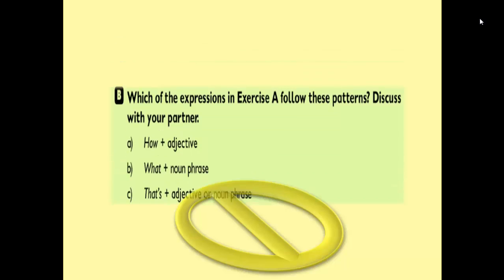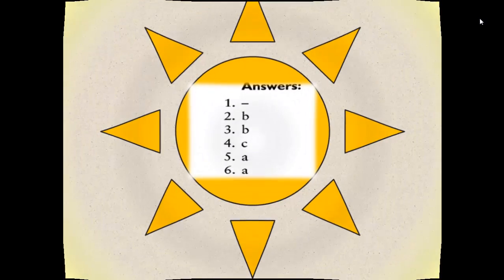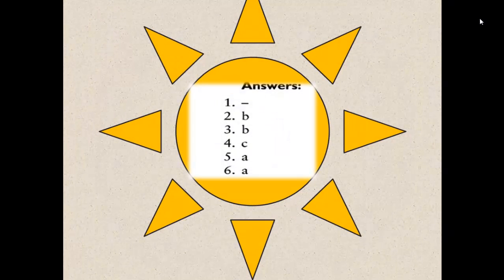We can see the answers. So, oh no, the first one doesn't use any of the previous expressions or patterns. Number 2, what a pity. Number B, what a surprise. Number B, here we have what plus a noun or a noun phrase.